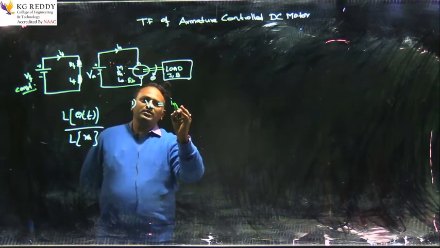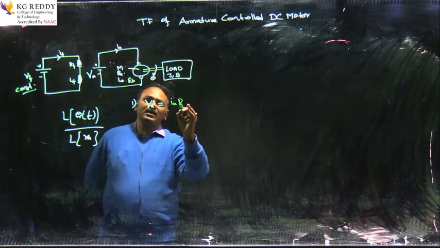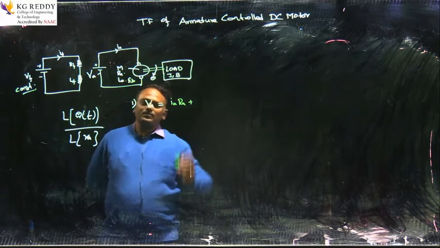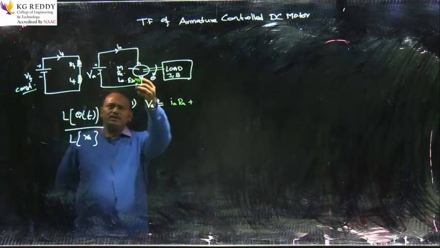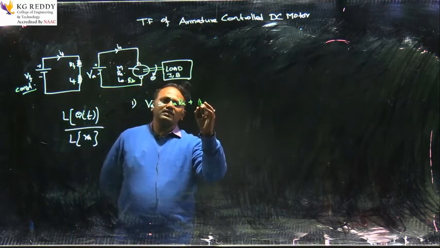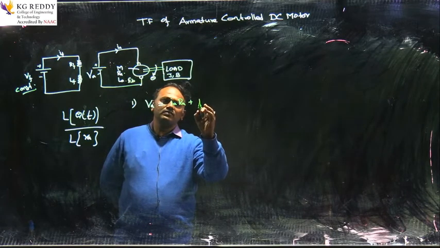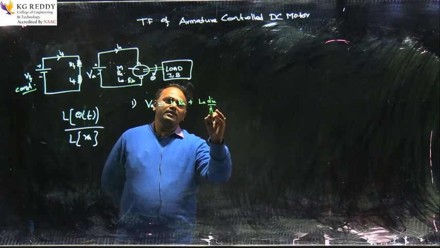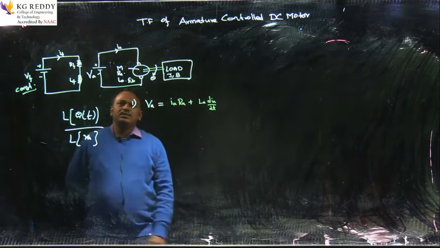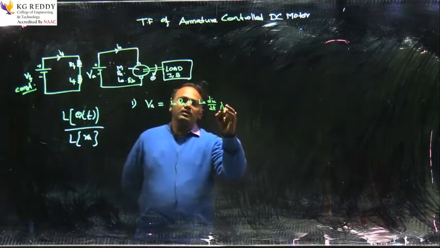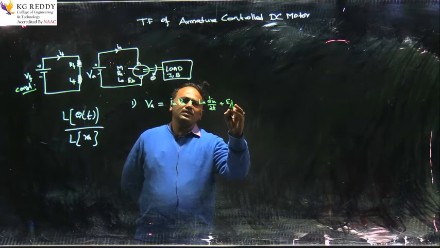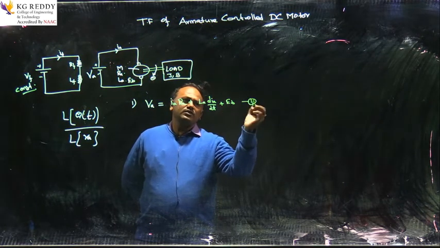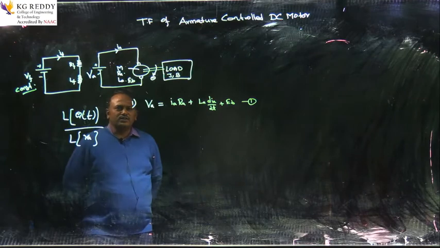The drop in armature resistance is given as IA into RA. Similarly, the drop in armature inductance is given as LA dIA by dt, plus we also have the back EMF EB. This is your first characteristic equation.